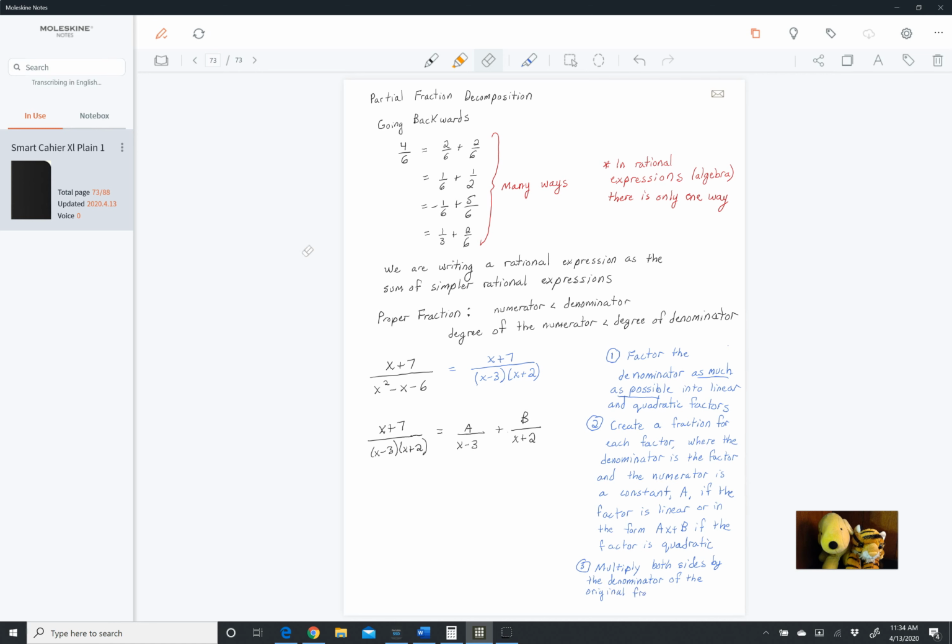And think about what that means. What that means is that we're going to get rid of all of our denominators. So over here, we're going to multiply by x minus 3, x plus 2. And over here, we're going to also multiply by x minus 3, x plus 2. It cancels. So on this side, it cancels. And what we're left with is an x plus 7.